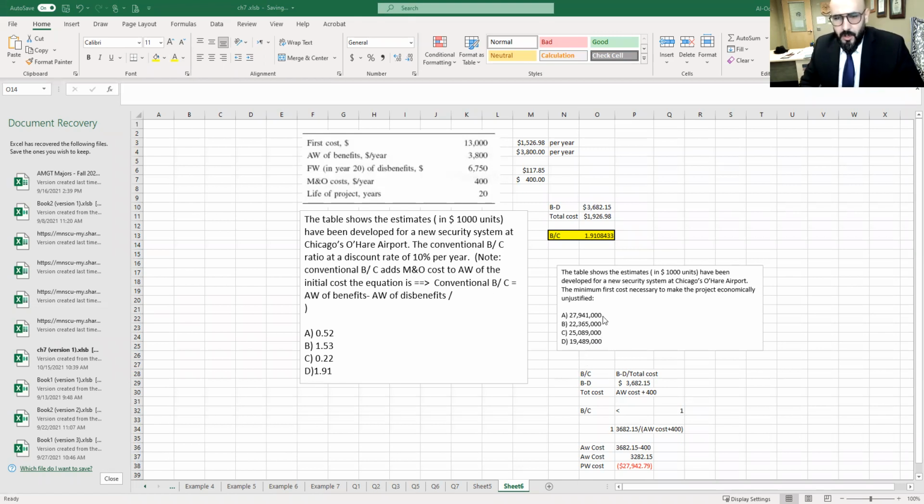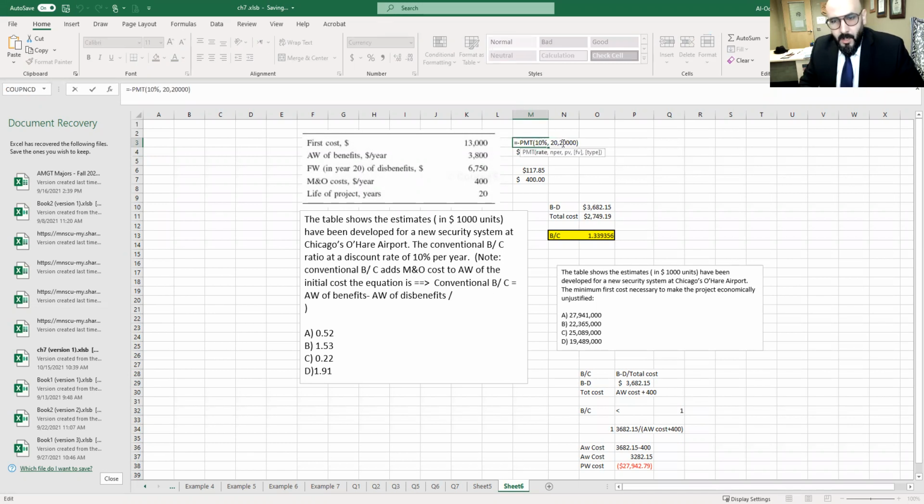If you don't know how to approach it and you are very confident about your answer, one thing you could do is go to the initial cost in the payment function and start playing with these numbers. Let's increase the 13,000 to $20,000 and see if that brings the BC ratio to less than 1. I did try the 20,000, and that gives you a BC ratio of 1.33, still economically justified.